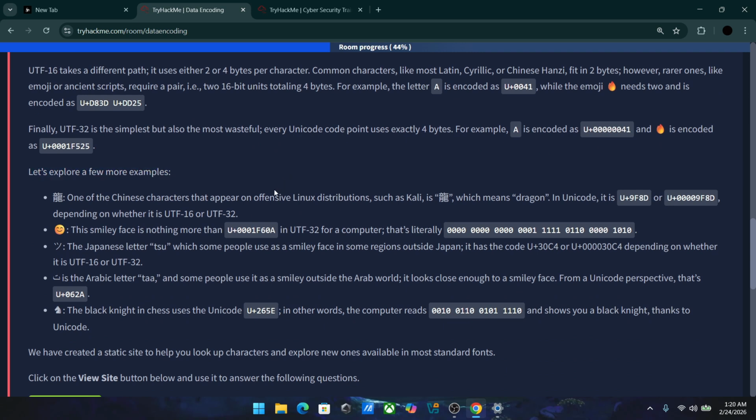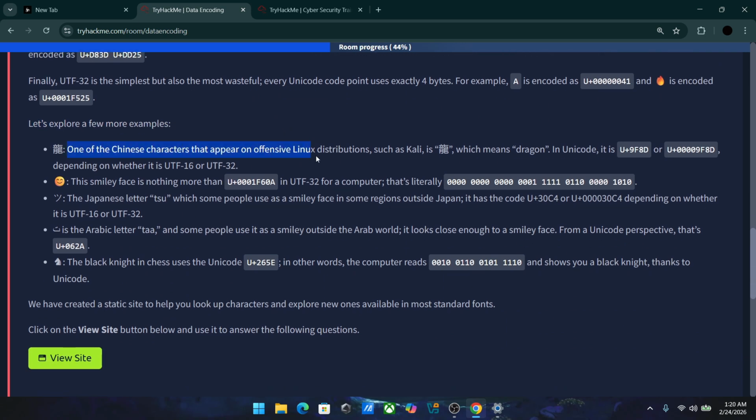Let's look at a few more examples. One of the Chinese letters that appears on the offensive Linux distribution, such as Kali, means dragon. In Unicode, it is this or this, depending on whether it is UTF-16 or 32.